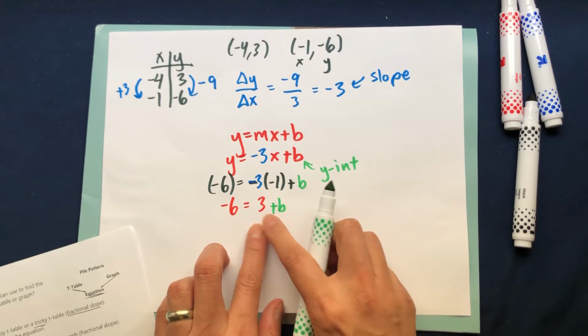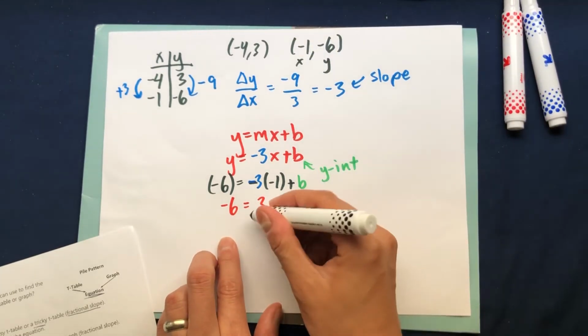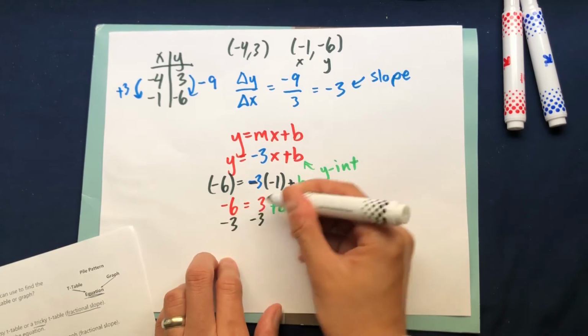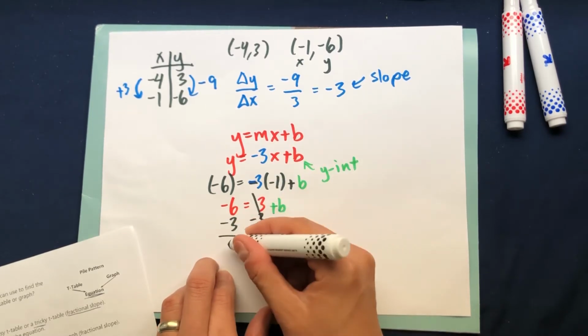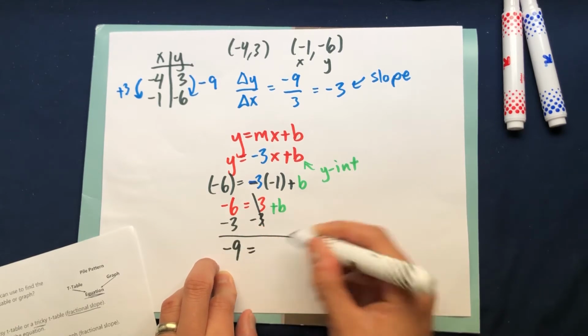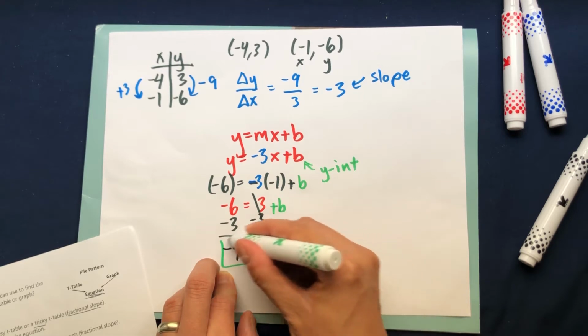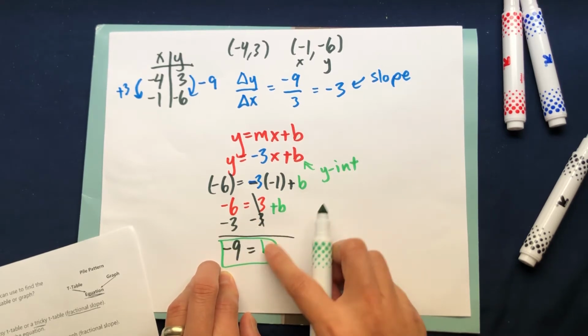So to get b by itself, we subtract 3 on both sides. And we're left with -9 equals b. So we just found our y-intercept. b is equal to -9.